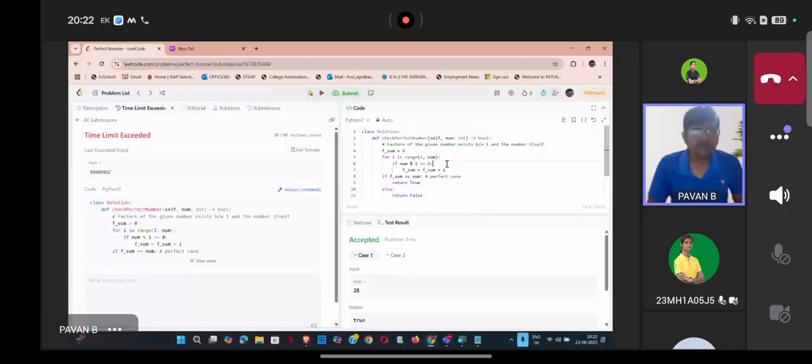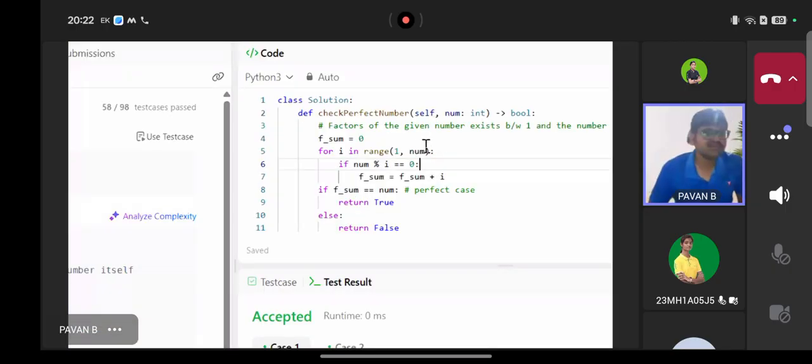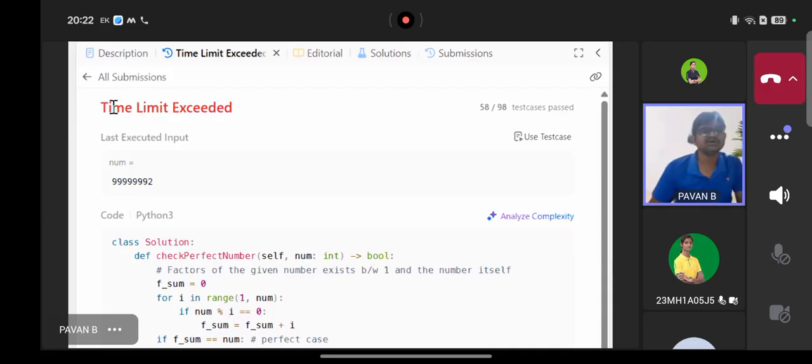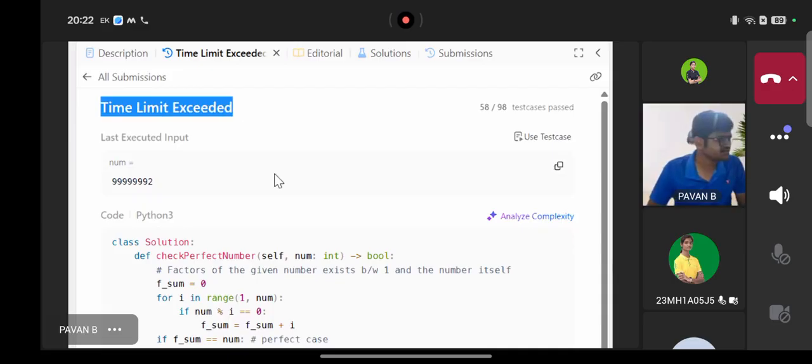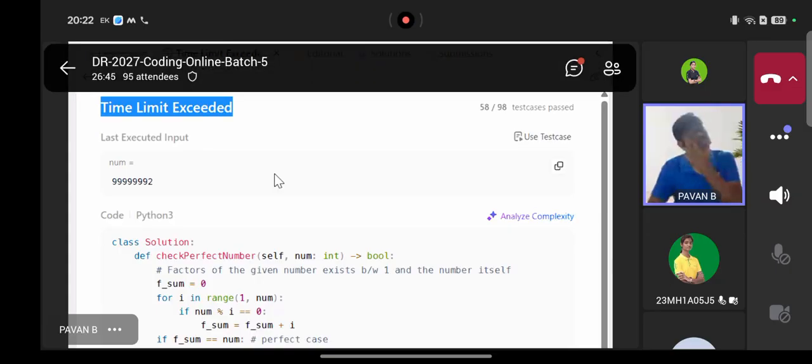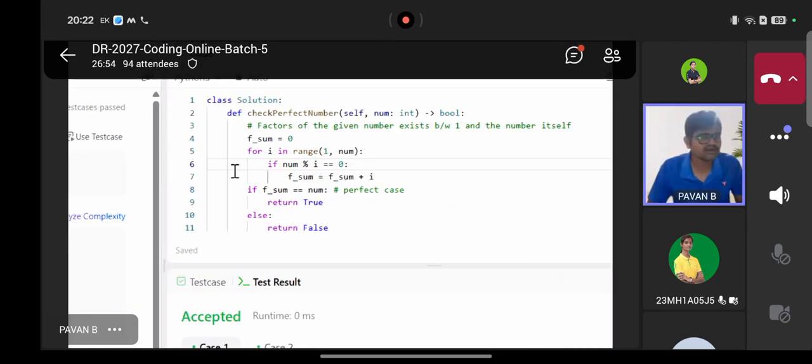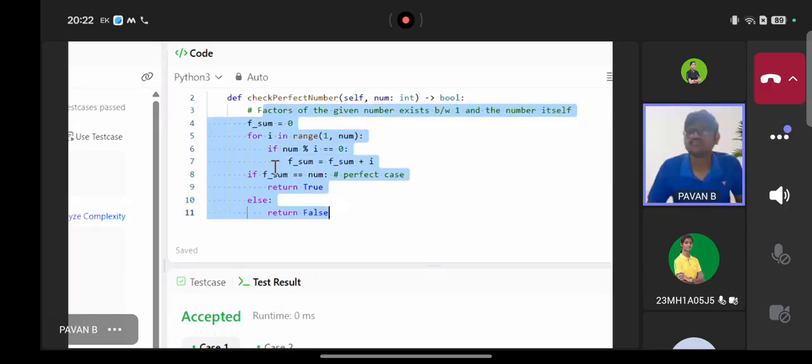Okay. So if you are doing this in Python, there is a very big chance that you will fall into something called time limit exceeded. So what exactly is this time limit exceeded? See, for every problem, internally the problem setters will allocate some time. So if your code is taking more than that time, then your solution is not optimal.